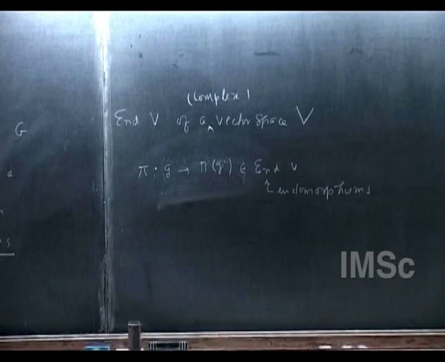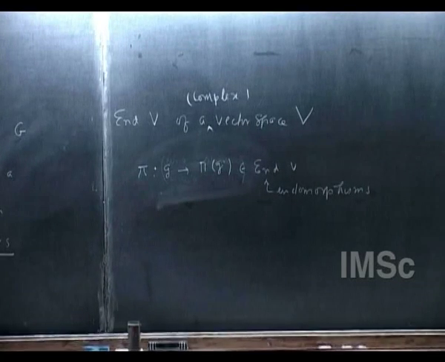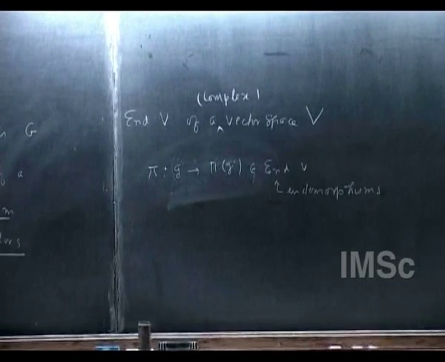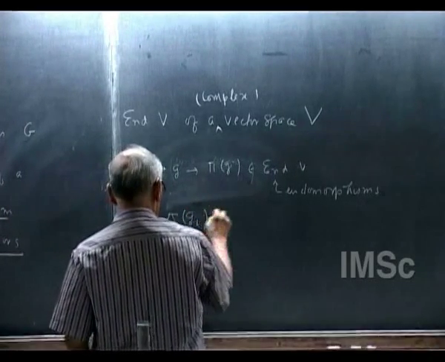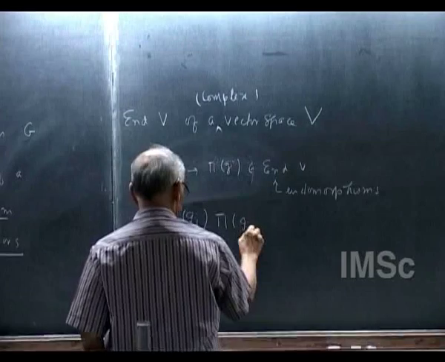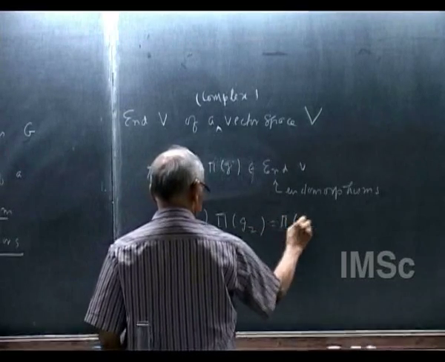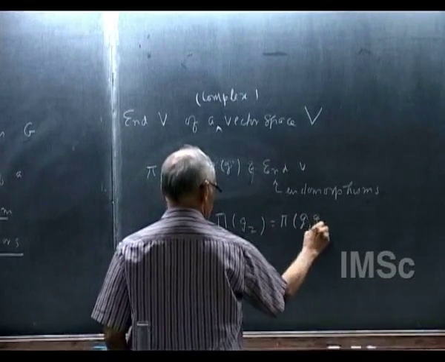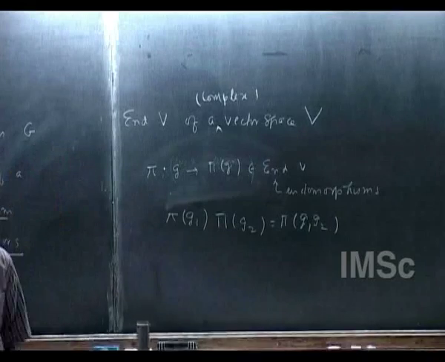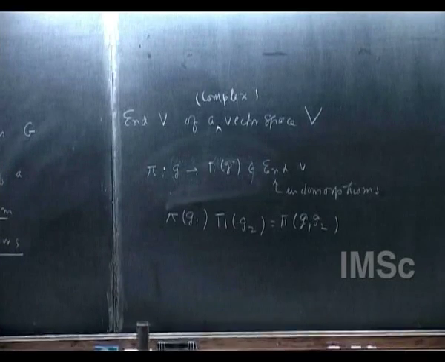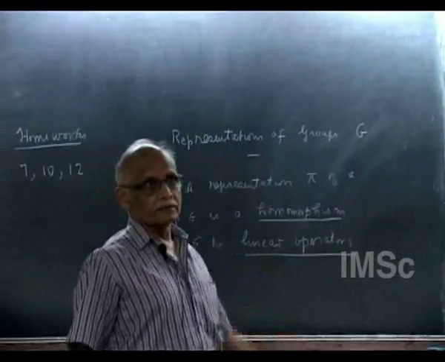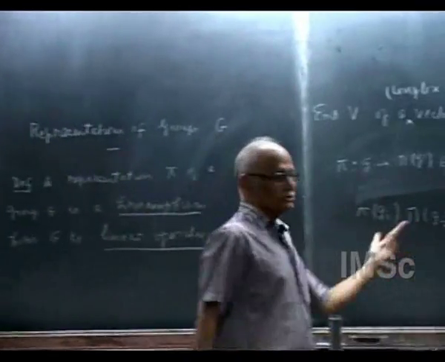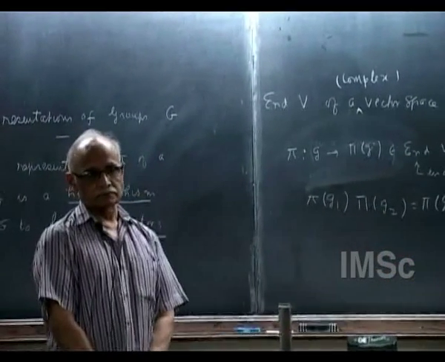It means it preserves the structure, that is all it means, but may not be one to one. So this is a linear operator, so pi of G1 times pi of G2 is pi of G1 G2. It is a homomorphism. The multiplication here is multiplication of linear operators or matrices.